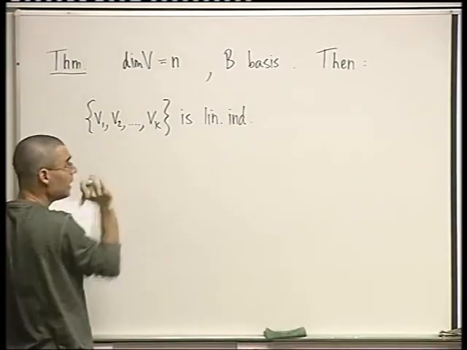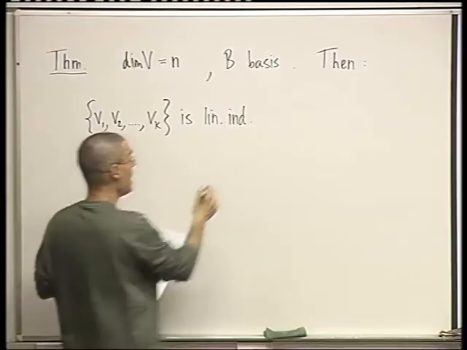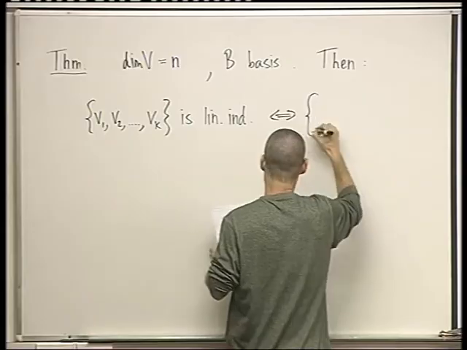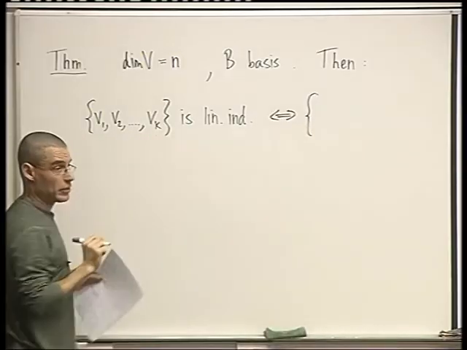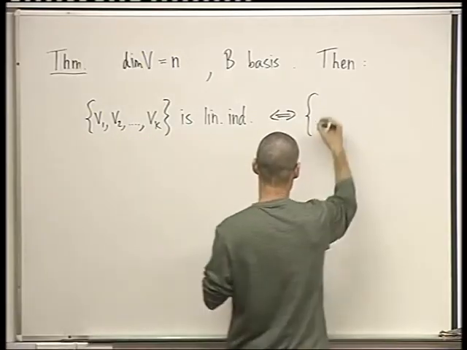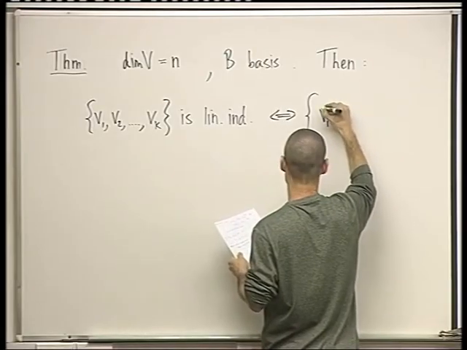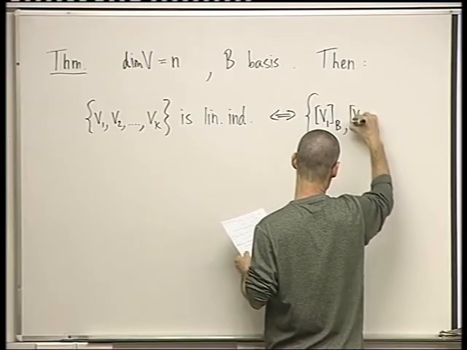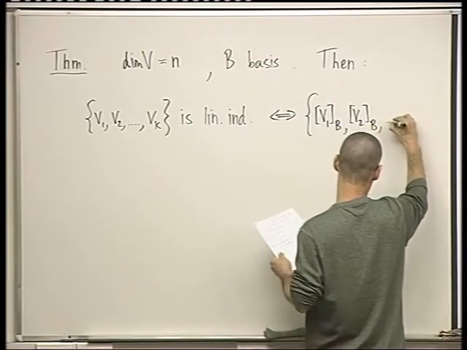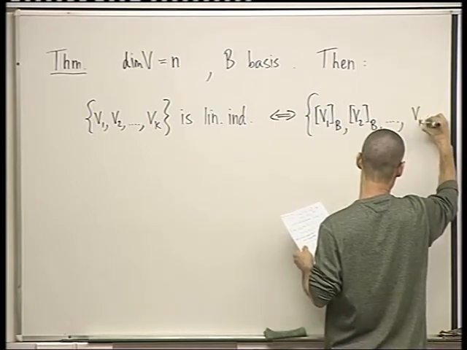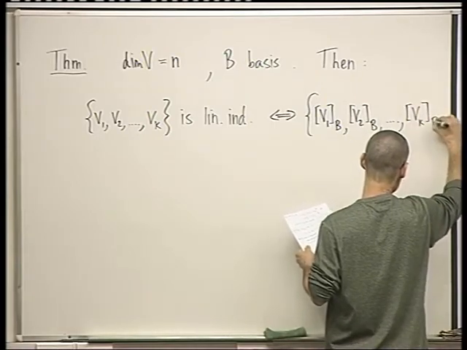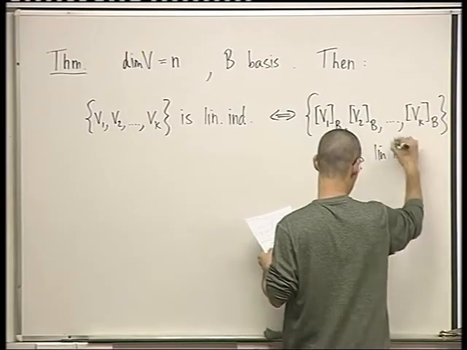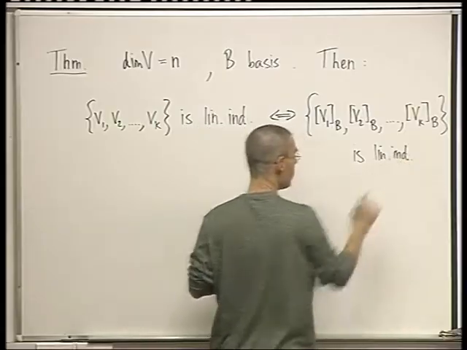These are just k elements in V, if and only if the set of their coordinate vectors, [v1]_B, [v2]_B, up to [vk]_B, is linearly independent. That's the theorem.